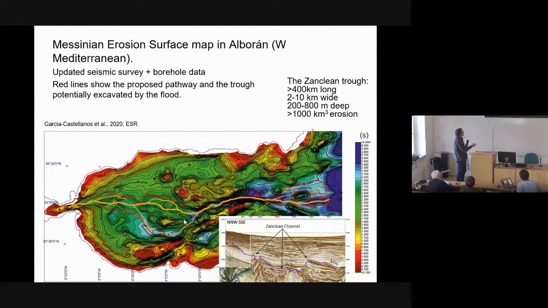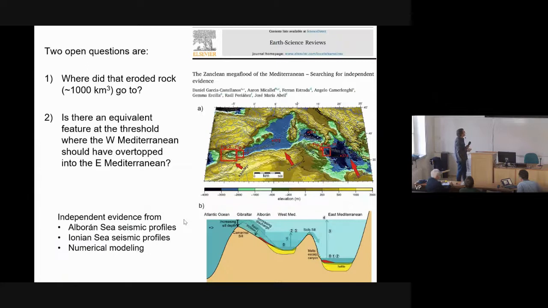If all this was eroded from the Alboran Sea, all these 1,000 cubic kilometers of erosion should be found somewhere else. So this is what we attempted to look at first by doing modeling and using seismic profiles also in the Alboran Sea and the Ionian Sea, and numerical modeling of water flow and transport of material.